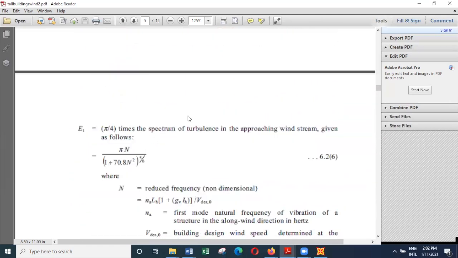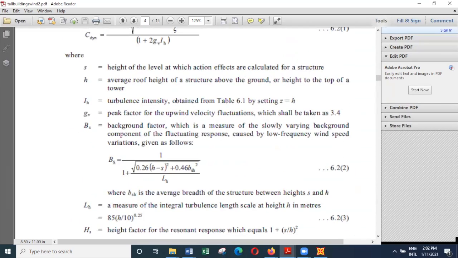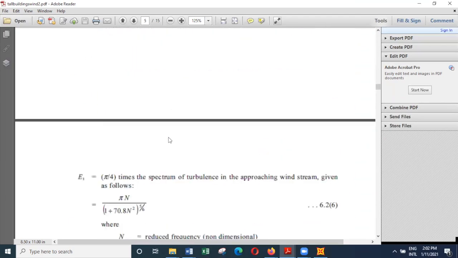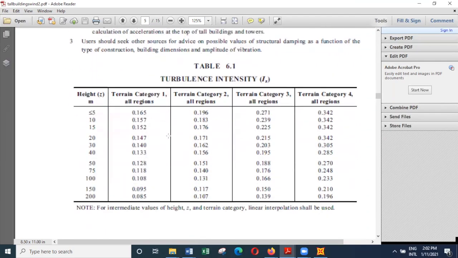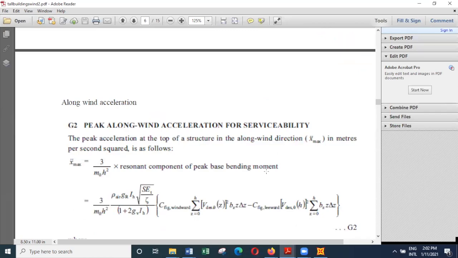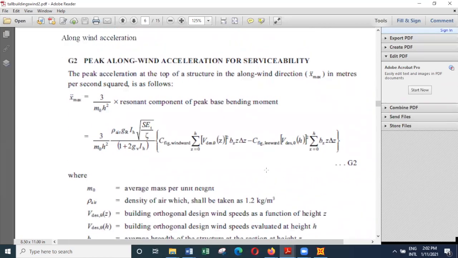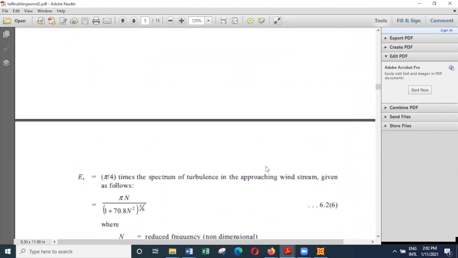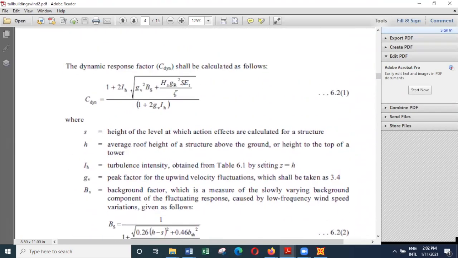In these equations, you get this IH value, and to determine the IH value, which depends on the terrain category and also the height, a table is given. In addition, you get the C dynamic value.